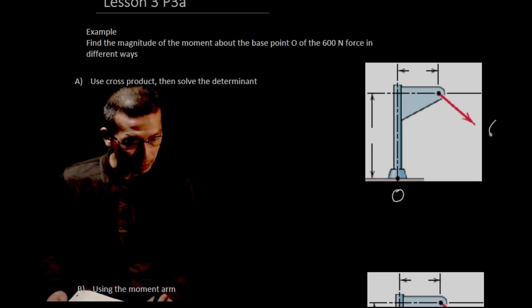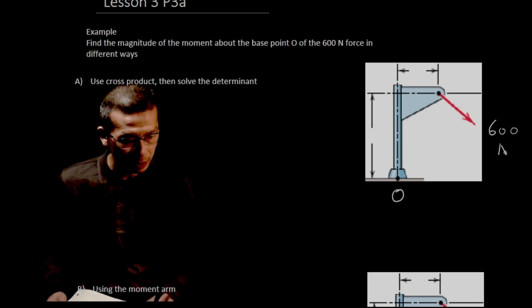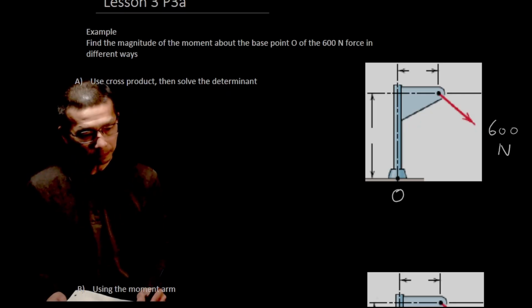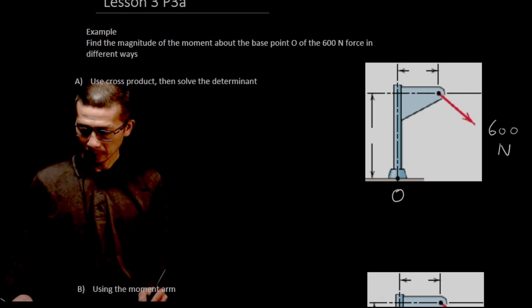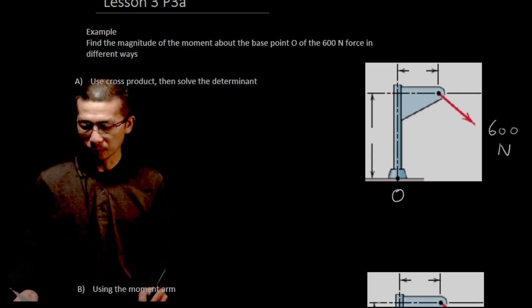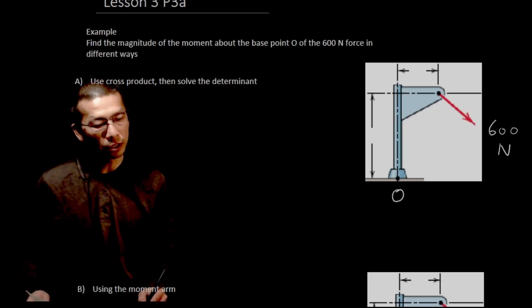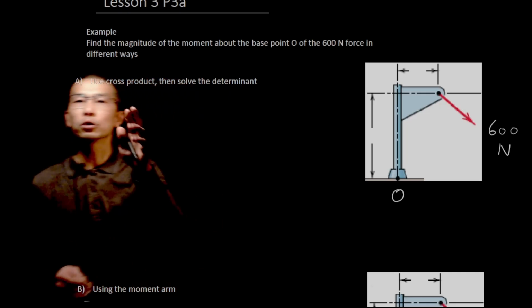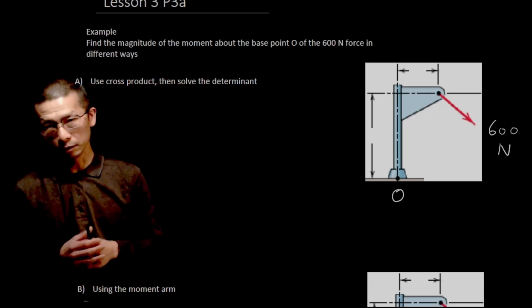Let's also write out, here is 600 newtons. Find the moment of this 600 newtons about point O in different ways. So the first way, use cross product and then solve the determinant.